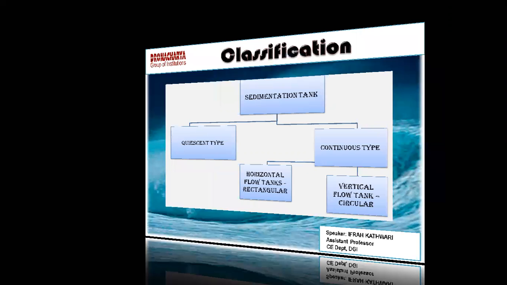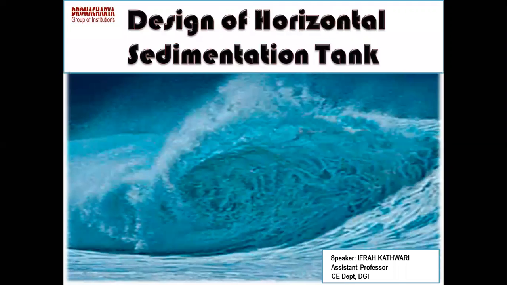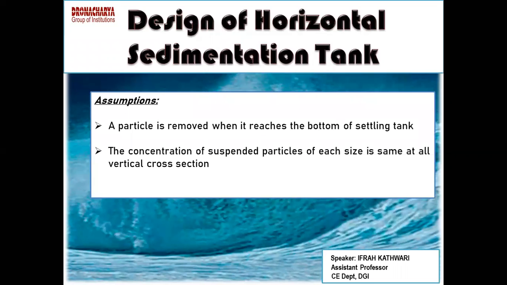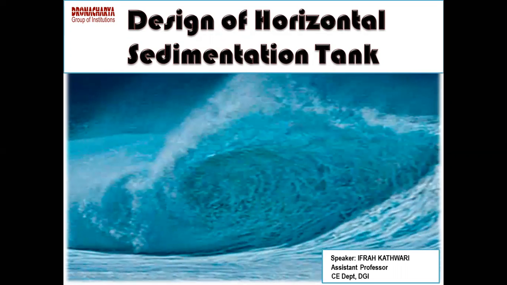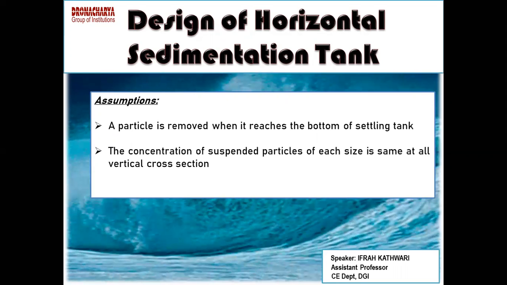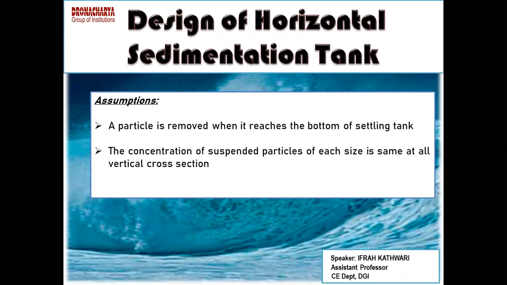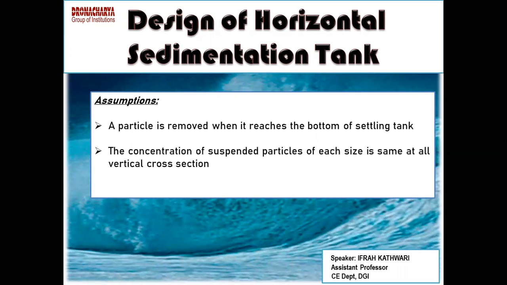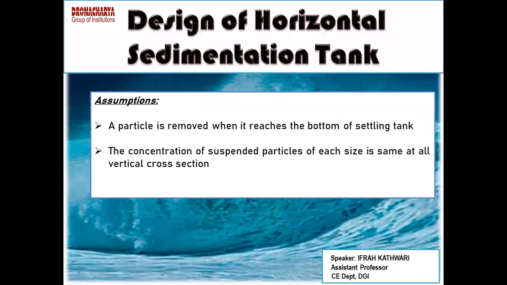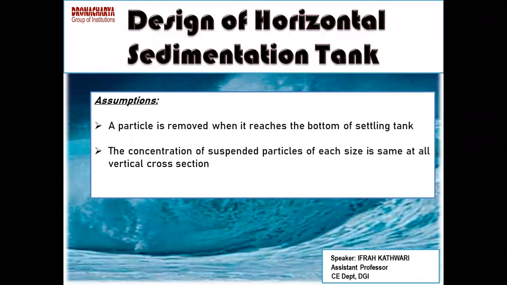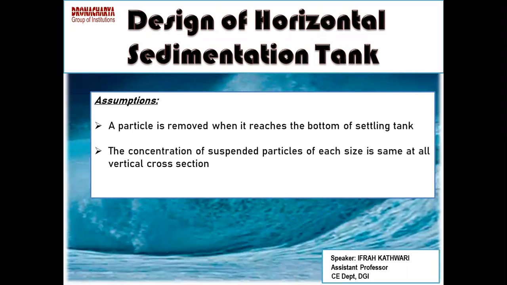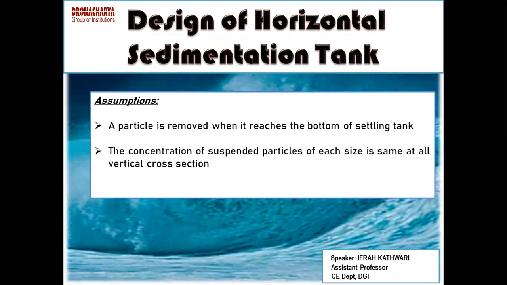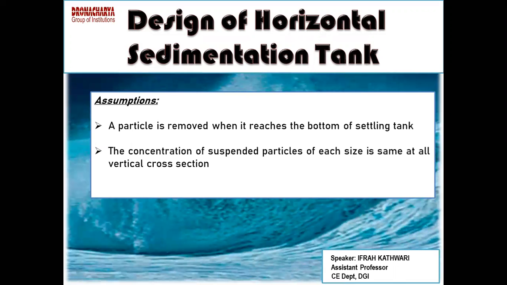Okay, so talking about rectangular tanks, when we go for the design of horizontal tanks, or rectangular tanks, we make a few assumptions. The first one is that the particle is removed the moment it reaches the base of the settling tank, that is, the bottom of the settling tank. At that point of time we say that the particle gets removed.